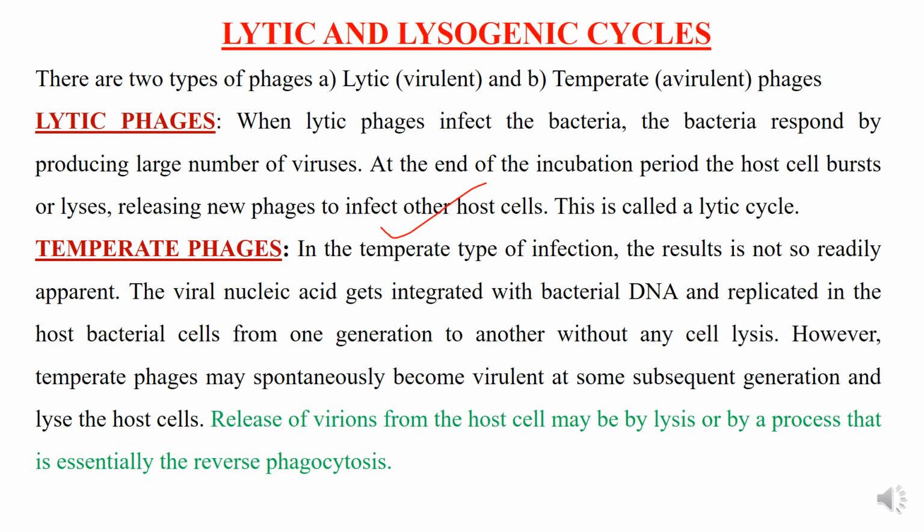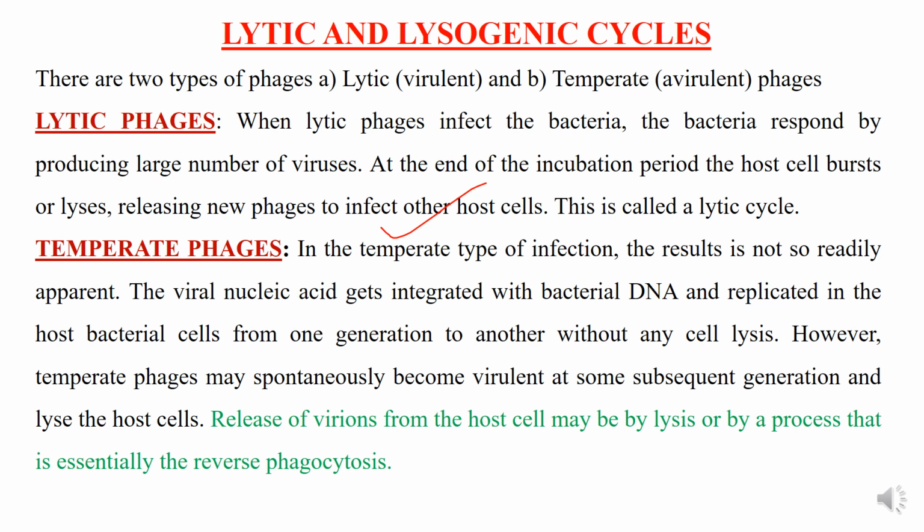The other one is lysogenic or temperate phages. Here the bacterial cell will not burst. The viral nucleic acid is integrated into the bacterial chromosome and replicates along with the bacterial chromosome. Sometimes there is a transition phase, where some bacteriophages switch from the lysogenic to the lytic phase.